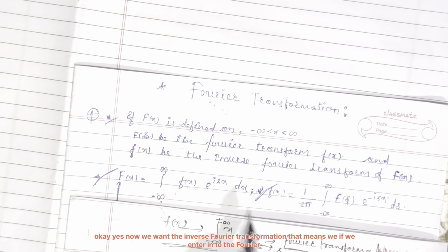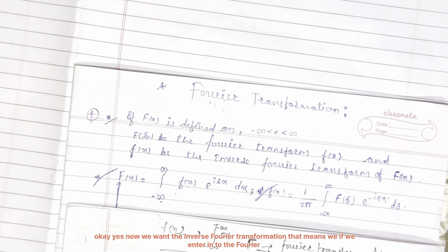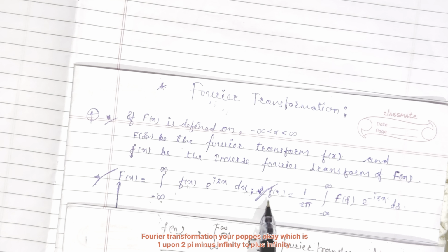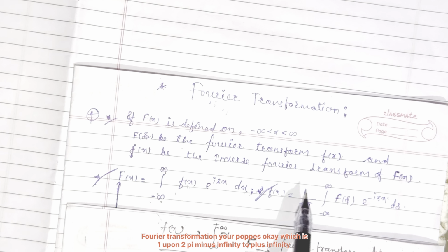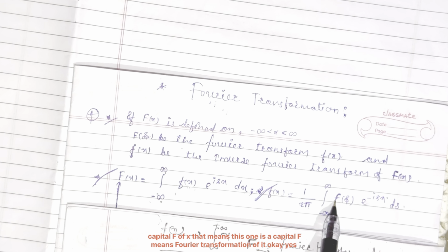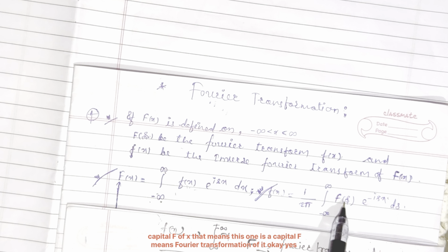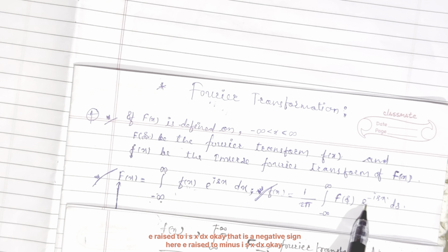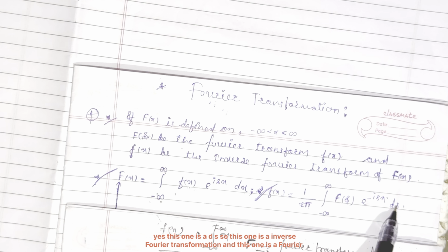Now we want the inverse Fourier transformation, that is the revert back process. The inverse Fourier transformation f of x is equal to 1 over 2 pi times the integral from minus infinity to plus infinity of capital F of s, the Fourier transformation, times e raised to minus isx, with a negative sign, ds.